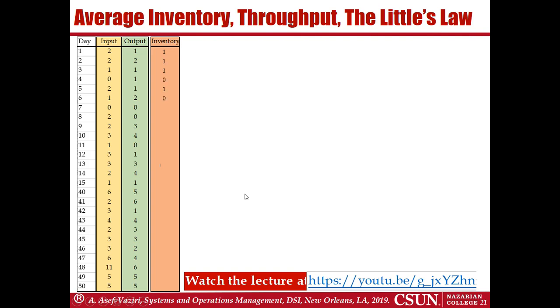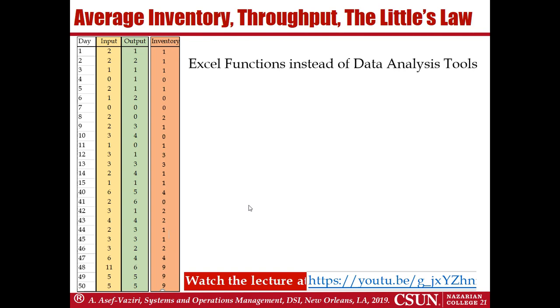This is a very nice situation to help the students see how throughput is computed, how inventory is computed, and how flow time is computed, and why computing inventory and throughput is cheaper than computing flow time. And therefore, we go for those two, and then we use those two to estimate the flow time.